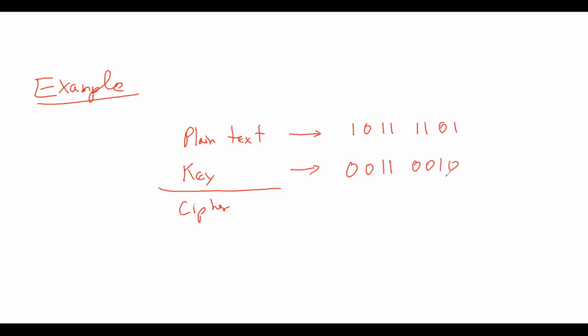That's your key. Now you're going to perform the XOR operation. So we know this is a 0, this is a 0, this is a 0, 1, 1, 1, 1. And this one, what's this one? 1. Exactly.